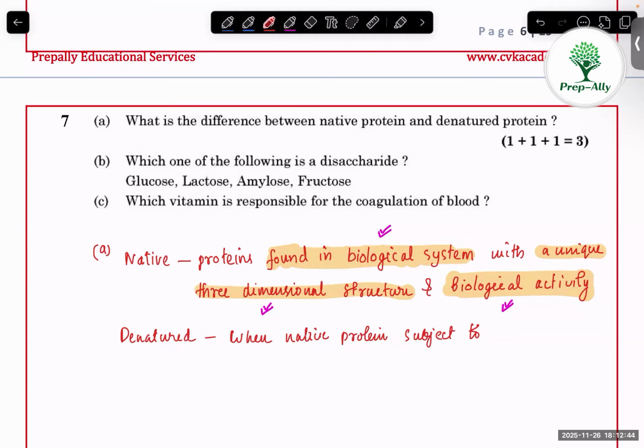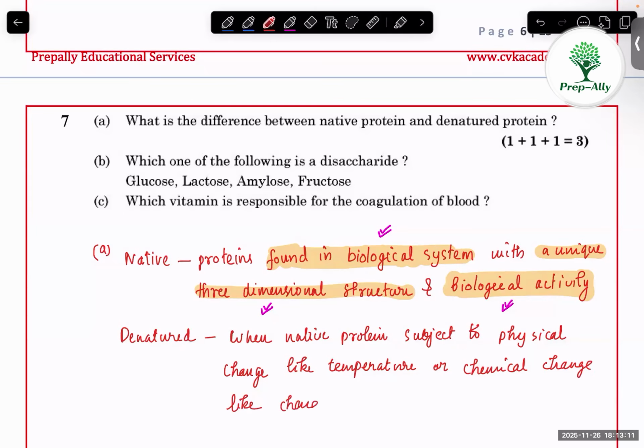So this change can be subject to physical change like temperature or chemical change like change in pH.